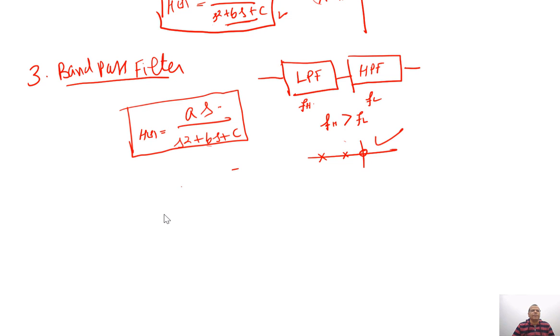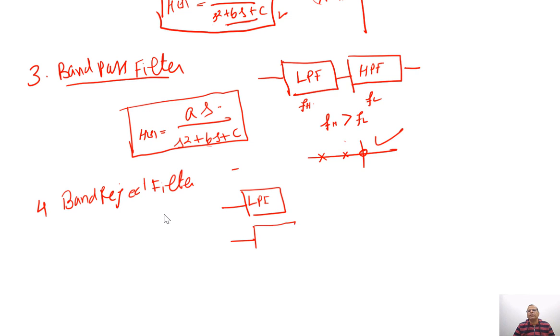Let us see the fourth one. Fourth one is band reject filter, right? A band reject filter can be implemented by connecting a low pass filter and a high pass filter in shunt, at the input of an adder circuit.